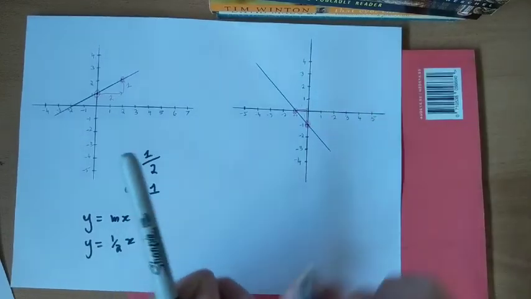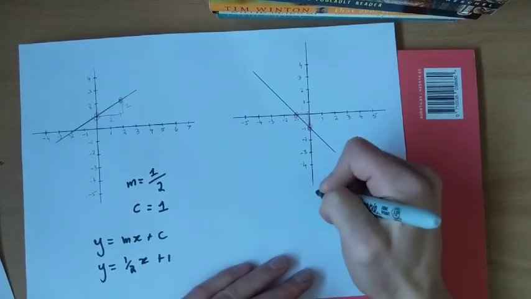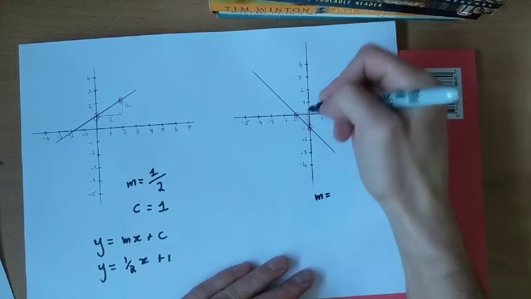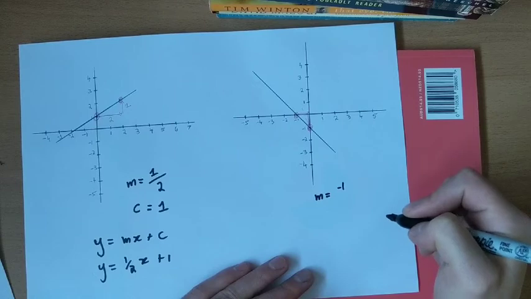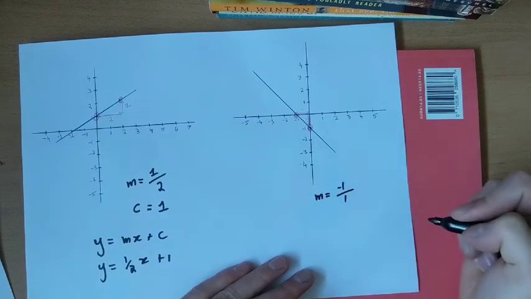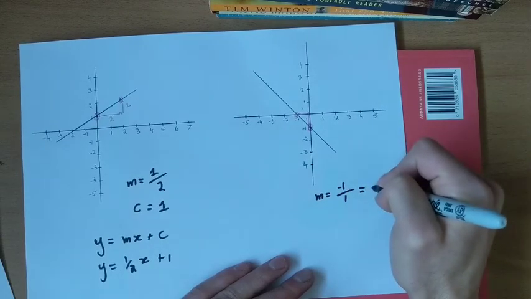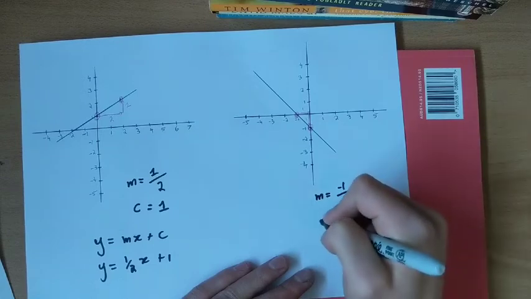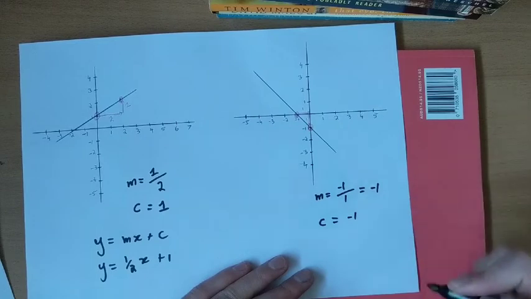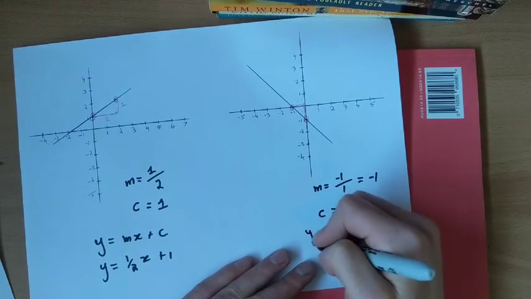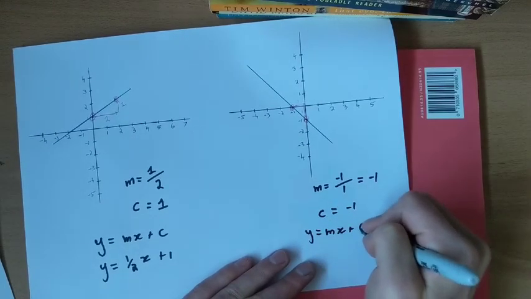I've gone down 1. So if my rise over run, my rise, well, it's actually a fall, not a rise. So I've got a rise of -1 and a run of 1, which just equals -1. And my c, my y-intercept, is over here, down at -1. Let's put that into the equation, y equals mx plus c.